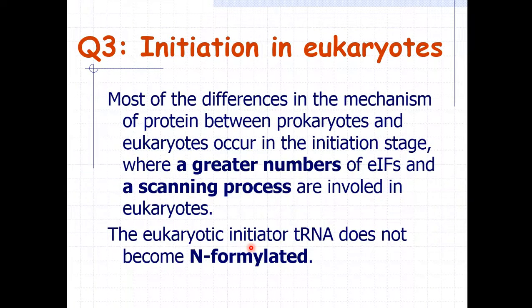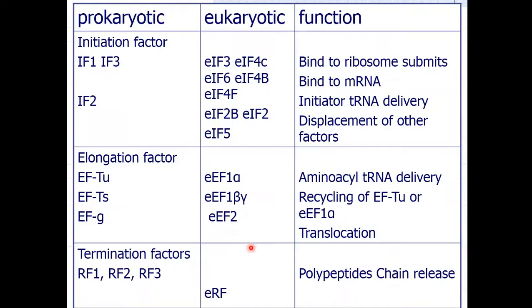In eukaryotes, the process is similar to prokaryotes, only the names of the factors are different and the initiation stage is a little bit different. These are the differences in factors: these are the elongation factors, these are the initiation factors, and these are the release factors in eukaryotes.